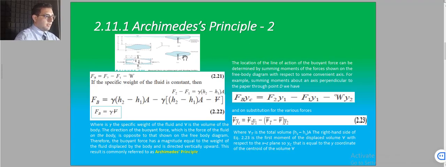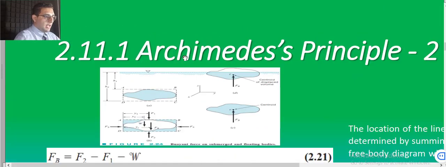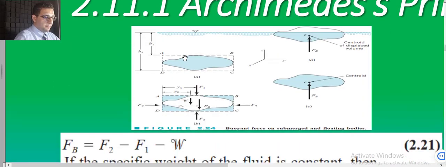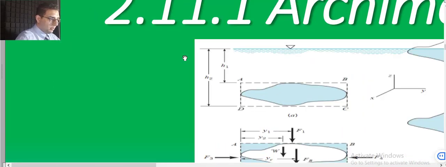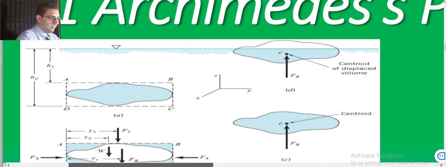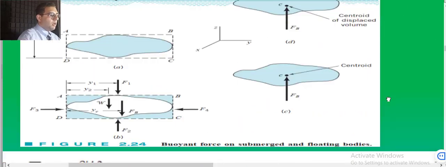Let's take a look at this picture. We have a buoyant force in this direction. There are F2, F3, F4, and F1, which are the forces exerted on the body from four sides.